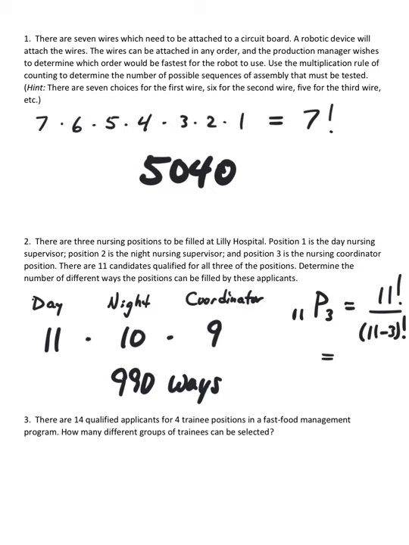All right, let me make some room here. Okay, 11 factorial, that's multiplication with consecutive integers all the way down from 11 in this case, all the way down to 1. Our denominator is 8 factorial, so that is consecutive multiplication from 8 all the way down to 1.